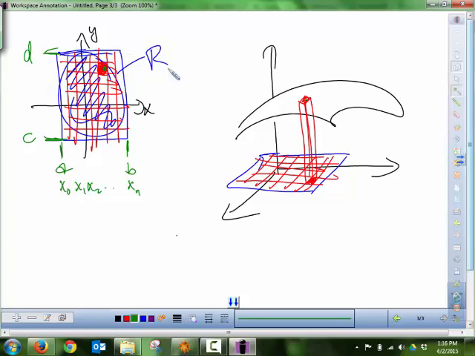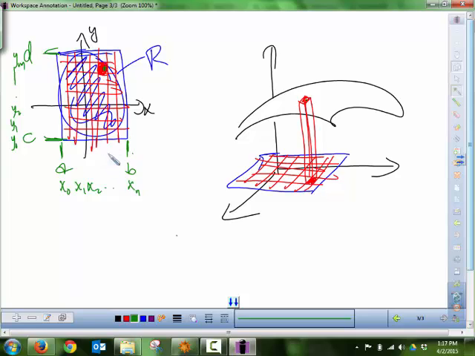And then, well, it kind of makes sense to partition the next one from y sub 0, y sub 1, y sub 2, all the way to y sub... It doesn't have to be the same n. It could be, I guess, but it doesn't have to be. Let's call it m.